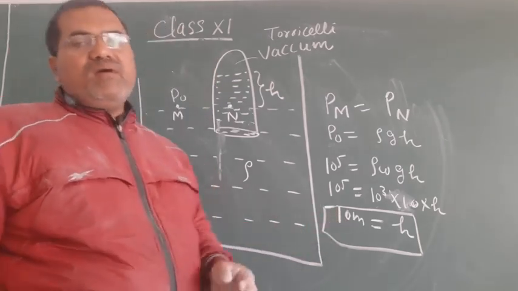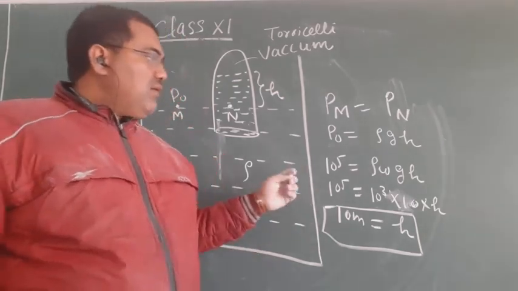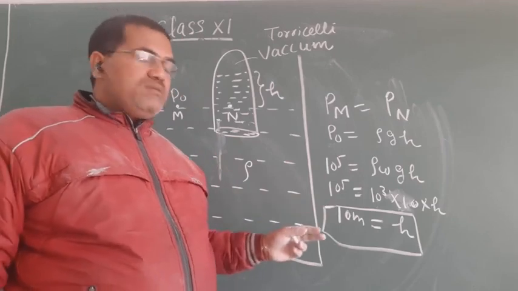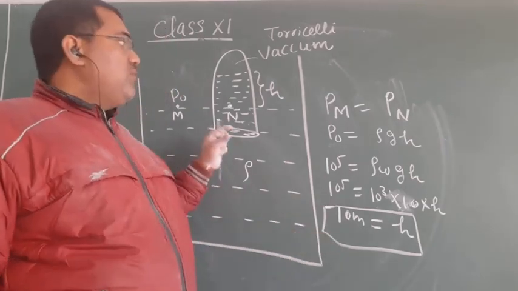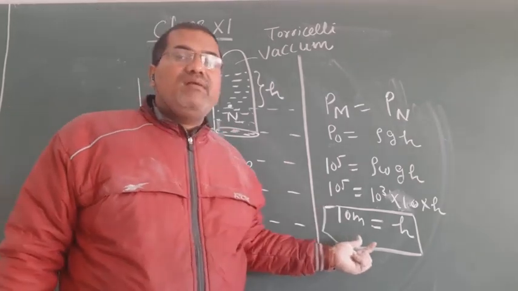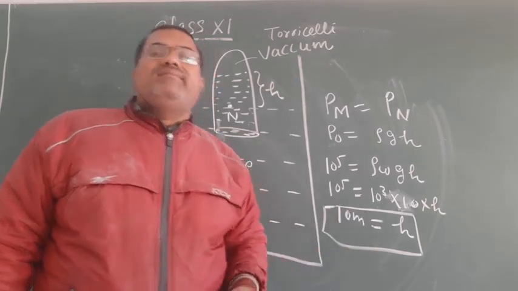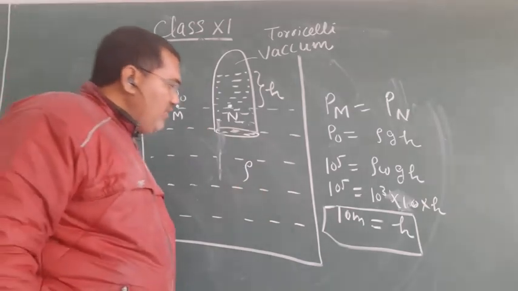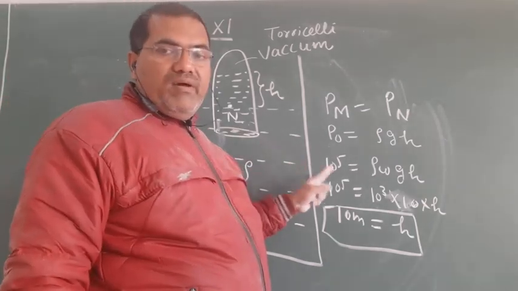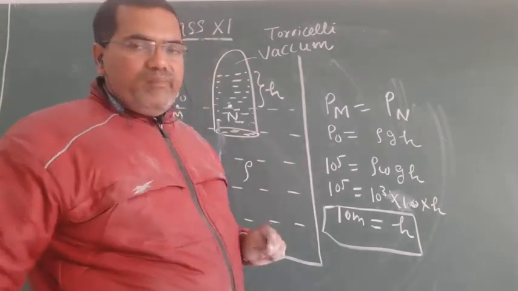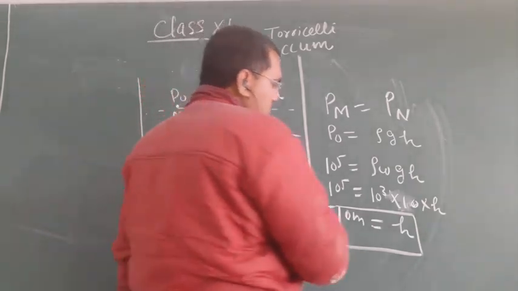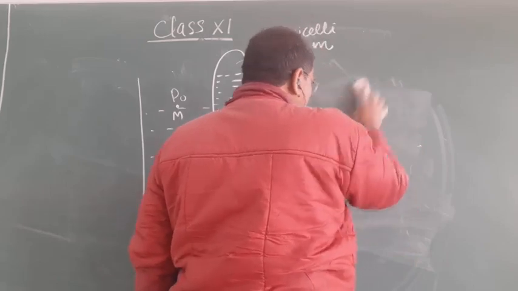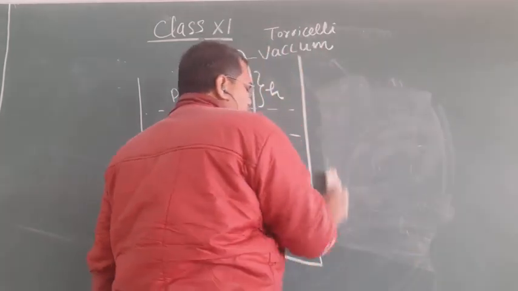For measuring 1 atm, that is 10 to the power 5 Pascal, you have to use a minimum tube length of 10 meters, which is impractical. So we use mercury in the barometer tube. If we use mercury, let's see what happens.